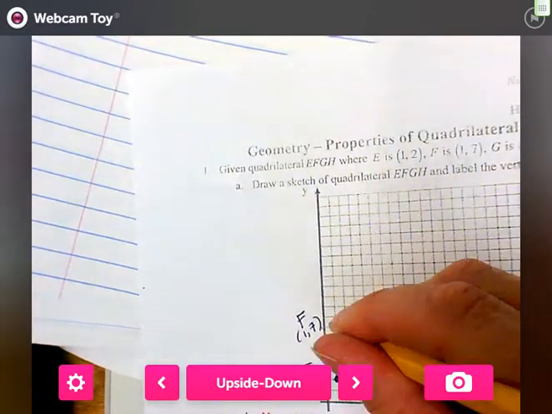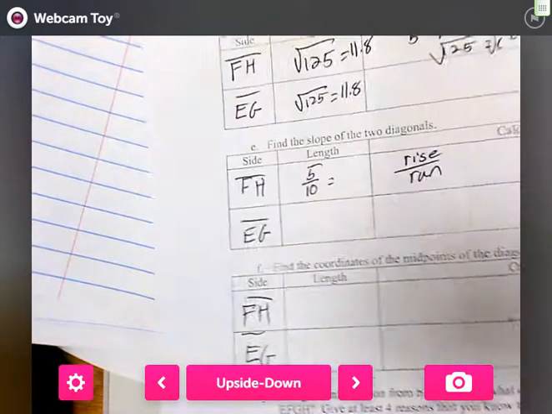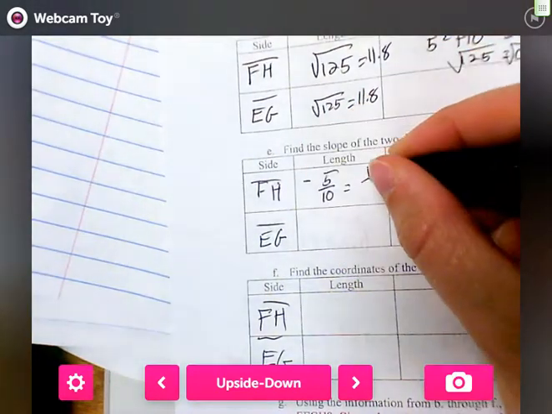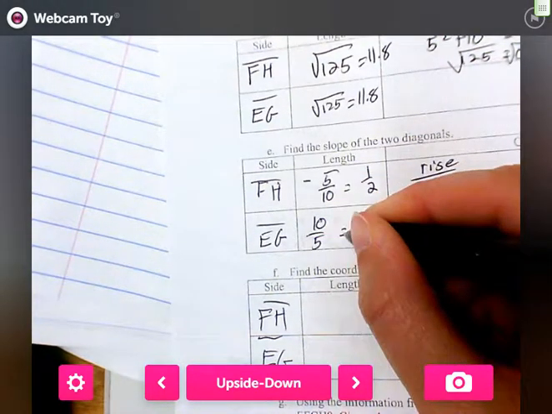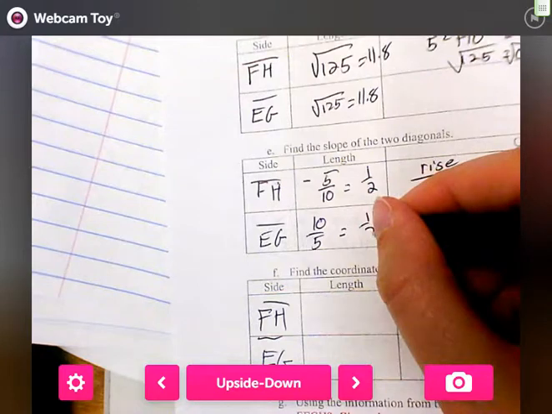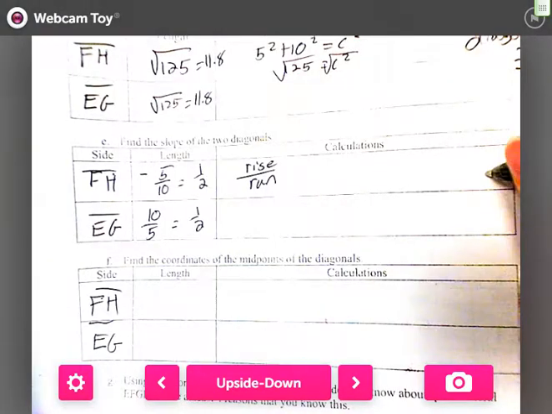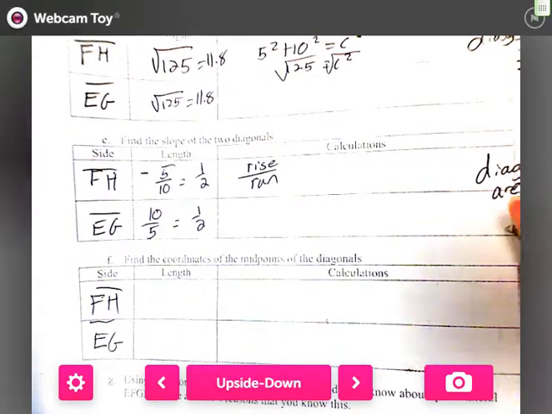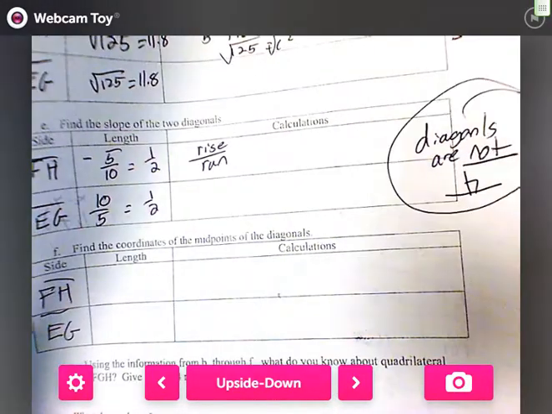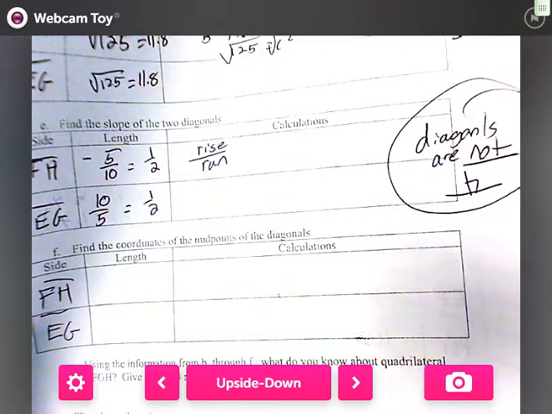So that's down 5 to the right 10. So it's negative 1/2. This one's going to be 10 over 5. That gives me positive 1/2. Okay, so diagonals are not perpendicular.